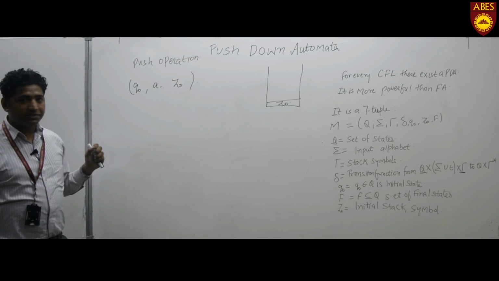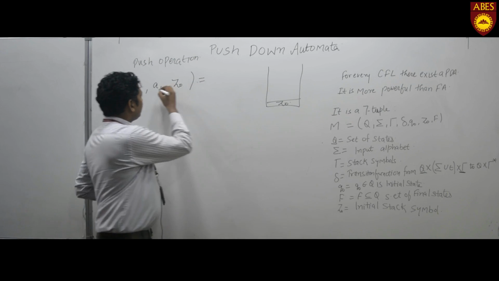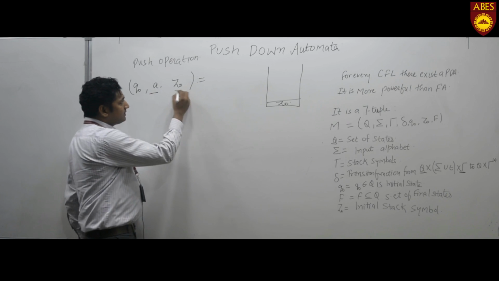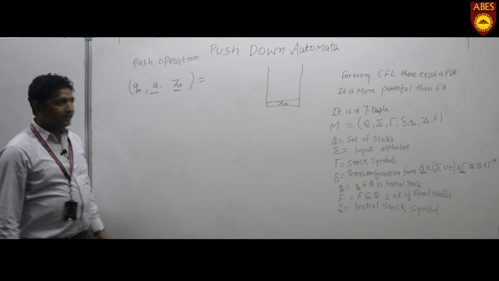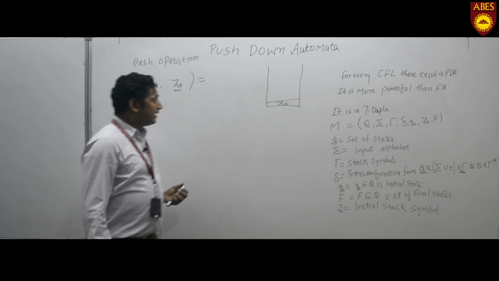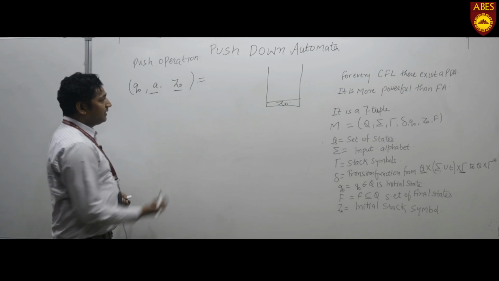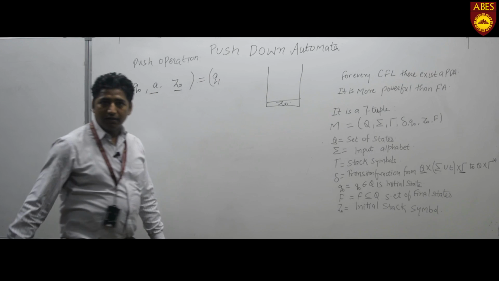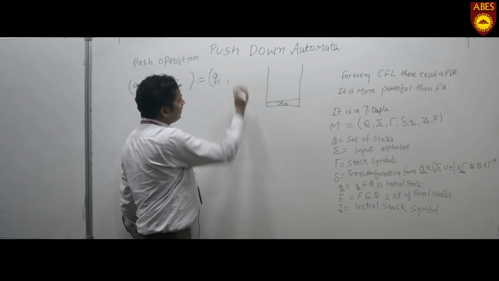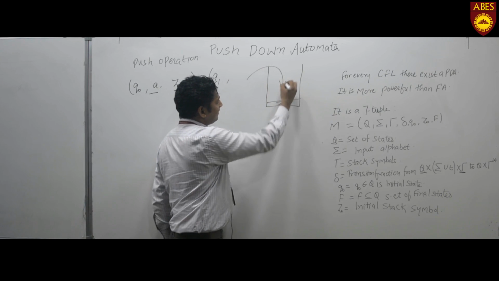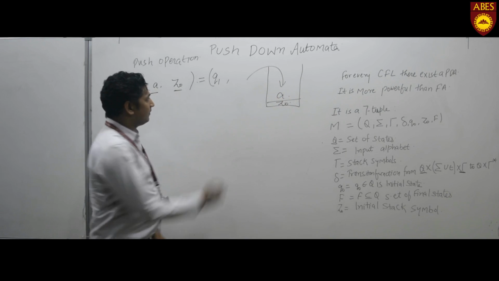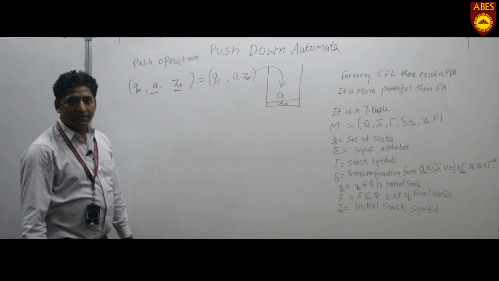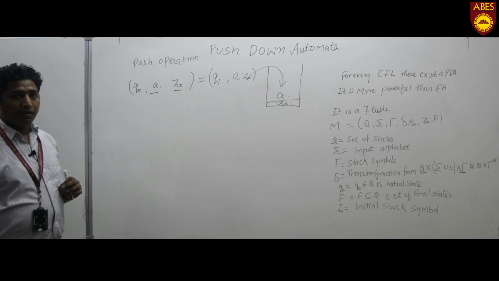So we have the state Q naught, the input alphabet is A, and Z naught is already in the stack. We are inserting an A, so we do a state change to Q1, and the stack becomes A Z naught. This is the first operation, the push operation.